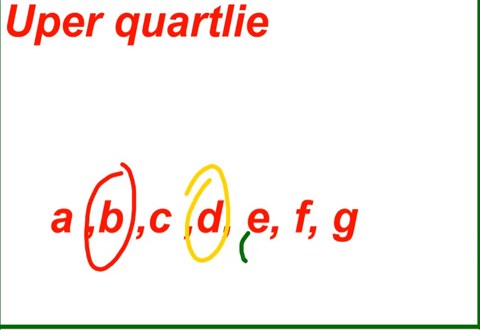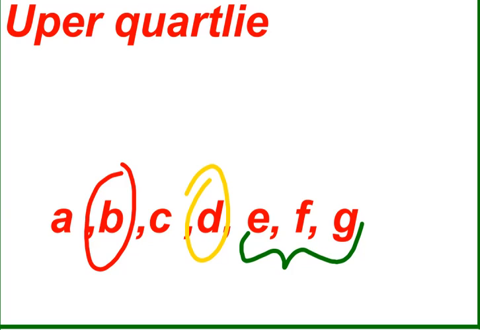For the upper quartile, you look at the other part, the right hand side part of your data set after you've gotten the median. And note, whenever you look for the upper quartile or lower quartile, you don't include the median. So as you can see, I circled D, and we are not going to look at D. So we look at the middle number on the right hand side of our data.